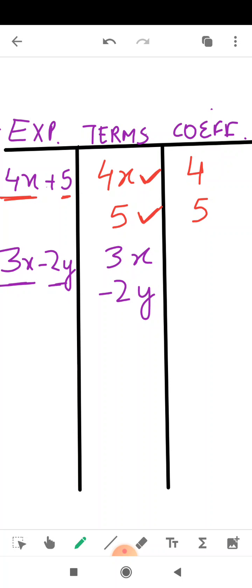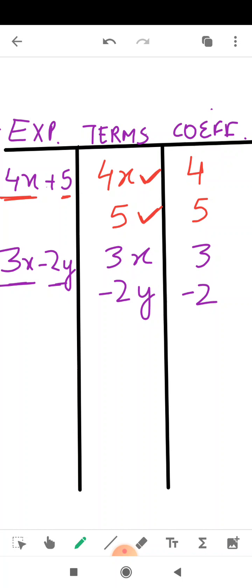Now the numerical coefficient, the number in the first term is 3, and the numerical coefficient or simple coefficient in the second term is minus 2. Now here you have to take care that you have to take the number along with the sign, right? The negative sign will come along with the number. So I hope this thing is clear to you.